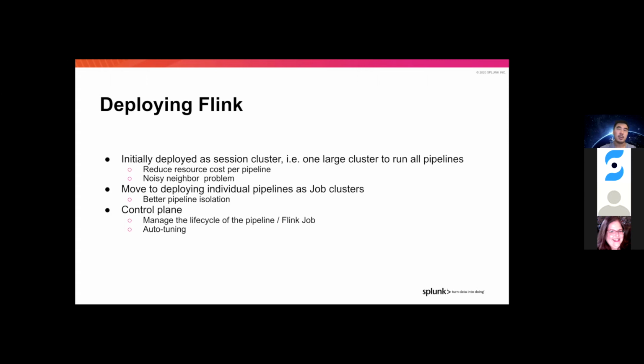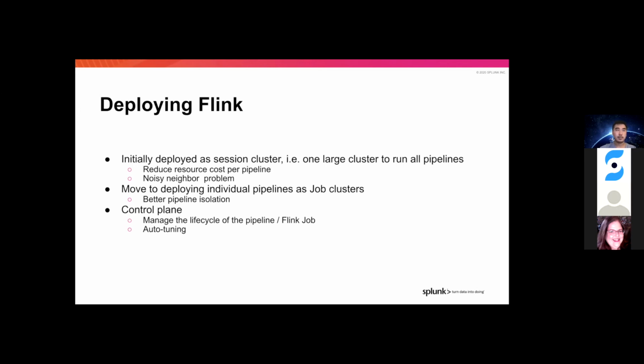But the obvious problem there is the noisy neighbor problem. Everybody is sharing this one large cluster, and if one tenant or user is hogging all the resources or having a large pipeline, it might affect the performance of pipelines of other users.